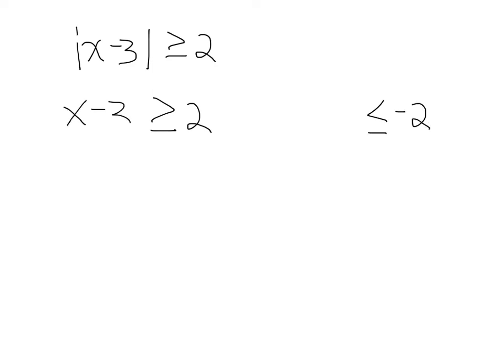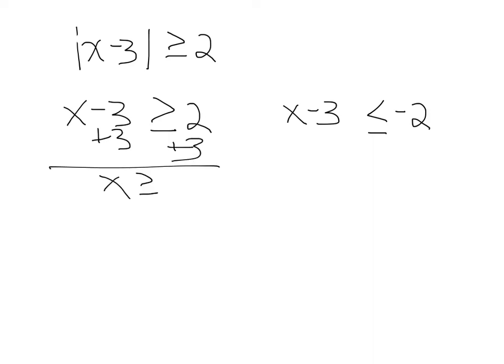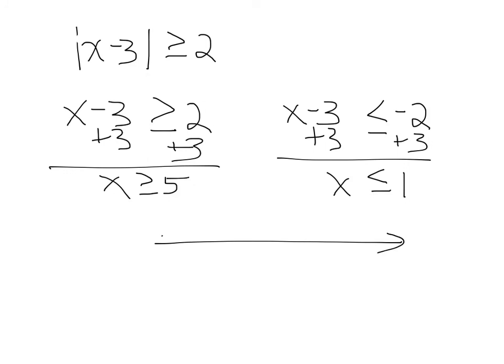X minus 3 is the quantity. I solve it. So I find out that x is greater than or equal to 5, or x is less than or equal to 1. I then graph that. It's a disjunction. We've got 5 going this way and 1 going this way.